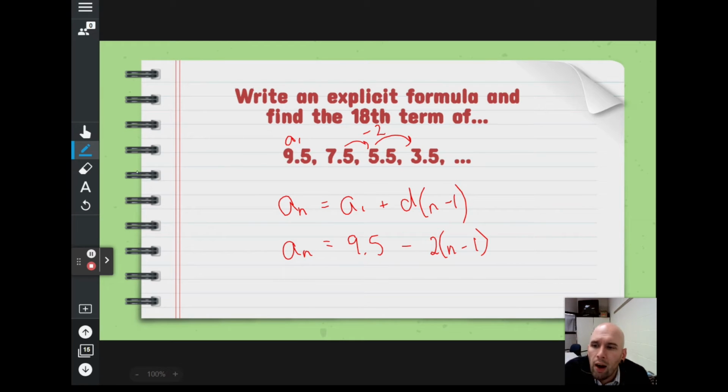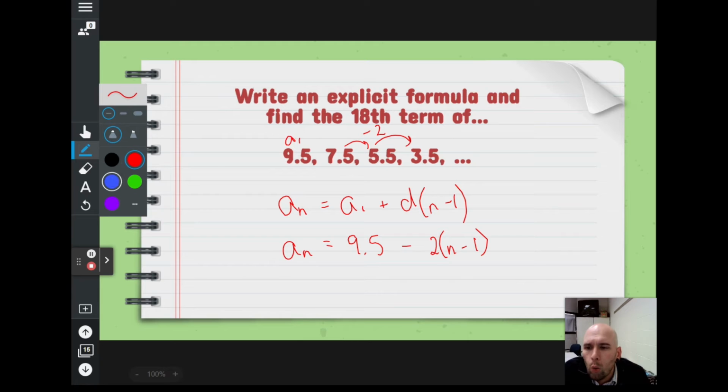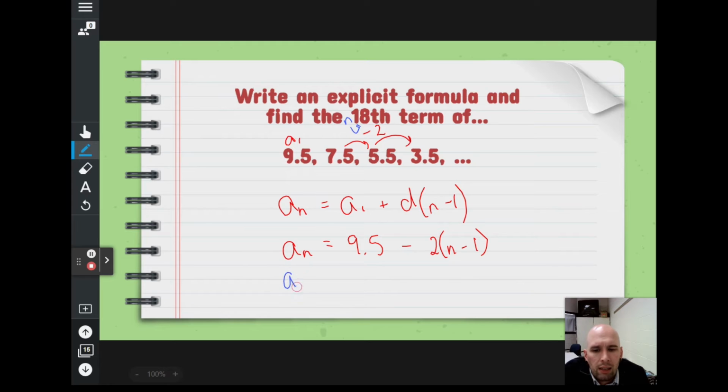Now, it wants me to find the 18th term, which means n is going to be 18. So I'm going to say A sub 18 is going to equal 9.5 minus 2 times 18 minus 1. PEMDAS says 18 minus 1 is what I do first.